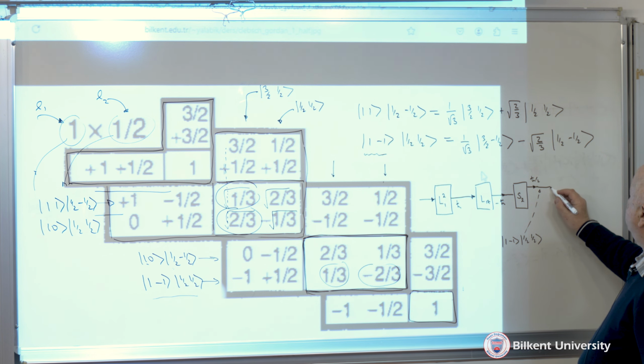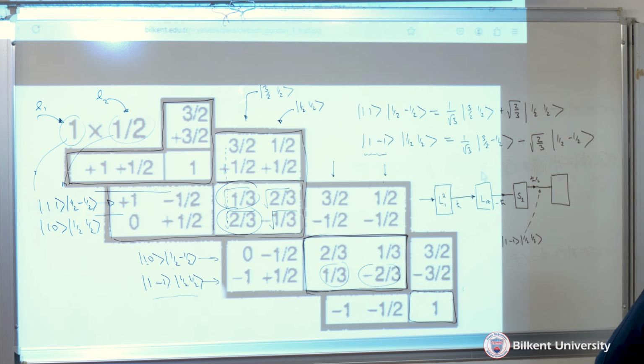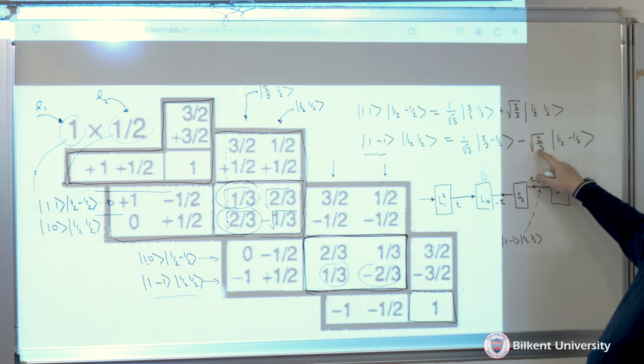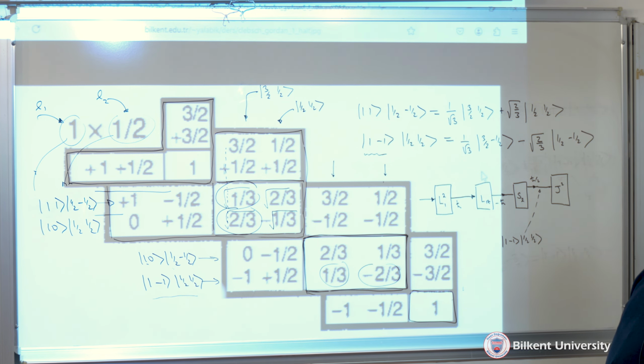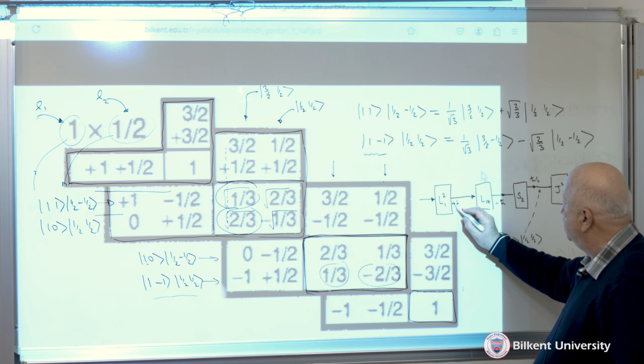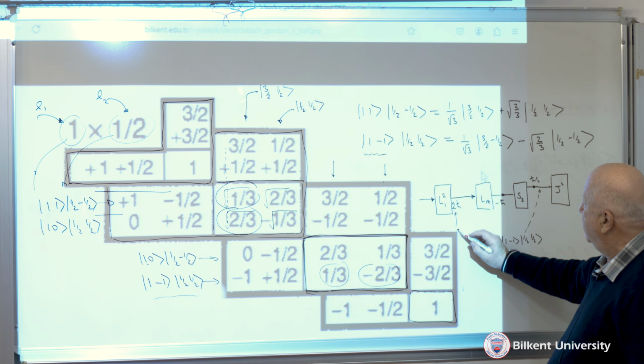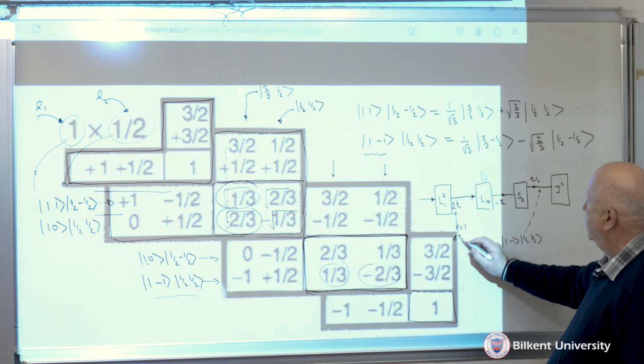But now suppose I want to measure the total angular momentum, J squared. What are the possibilities? I'm going to get either 3/2 or 1/2. By the way, I should write this as 2 h bar squared, because I get L(L+1), so this corresponds to L equal to 1, so L+1 is equal to 2.